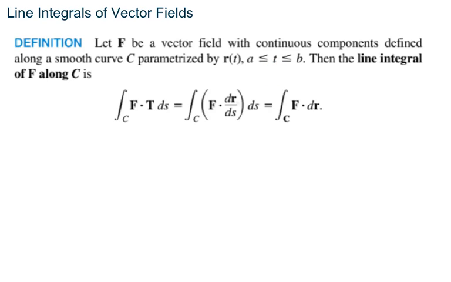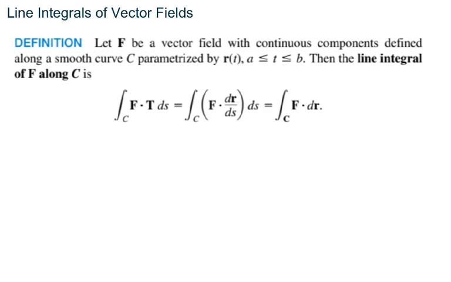So then the line integral of the vector field F along the curve C is actually F, the vector field, dotted with T. T is the tangent unit vector, and then we're integrating with respect to arc length. Now, remember, T is the derivative of r with respect to s.